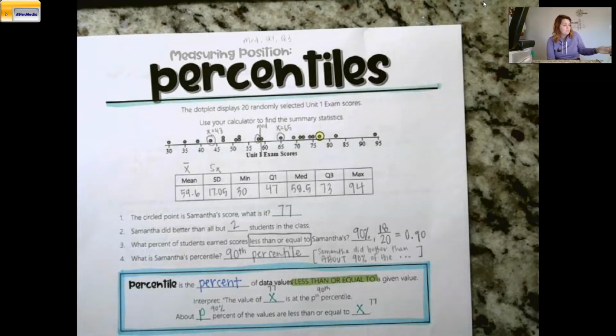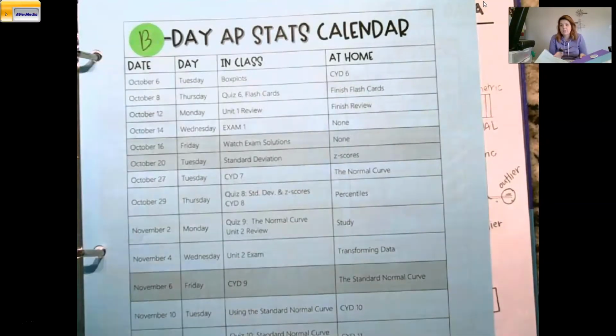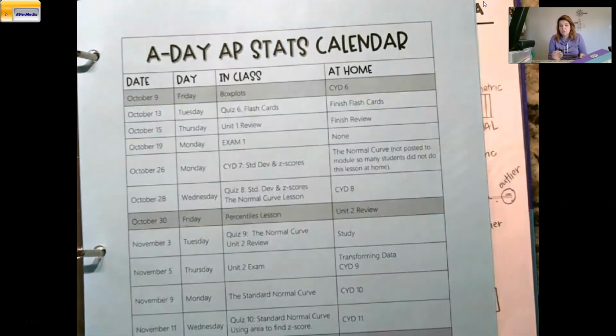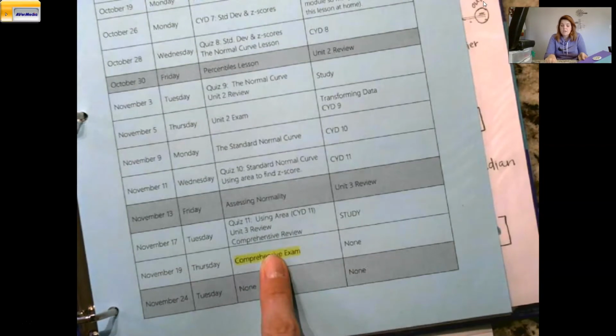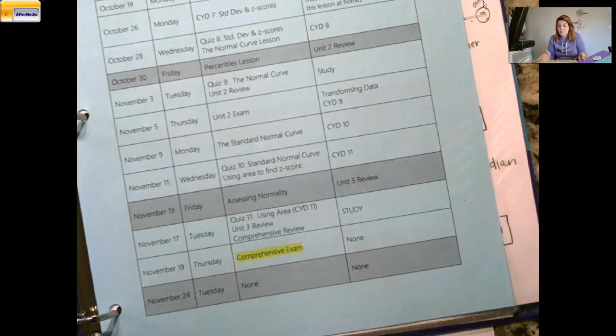Both A day and B days have a calendar uploaded now in our modules. So make sure that you have our calendar because this calendar is going to take us all the way to Thanksgiving break. And notice right before the break, you guys have a comprehensive exam. That just means that you will be tested on all 3 of the units we've learned up to that point.